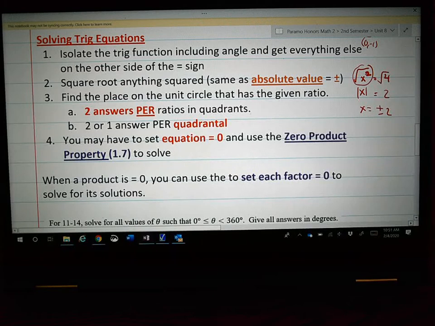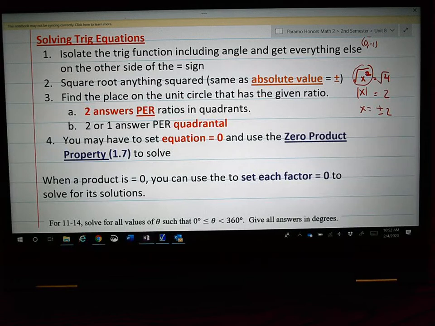If you square root something squared, it has a positive possibility and a negative possibility. I do not care if you show me this absolute value step. You can, if you want to do it. Every person in this school who teaches math will put a little smiley face because all right, I love that.